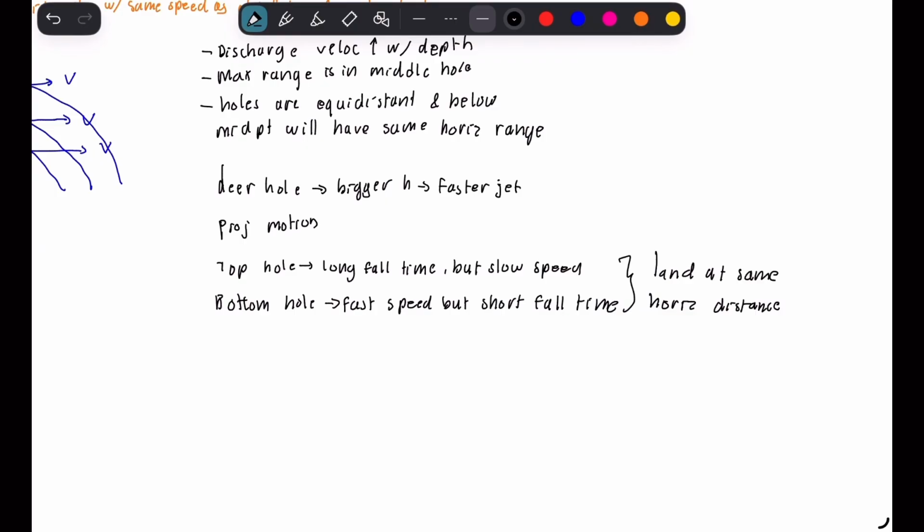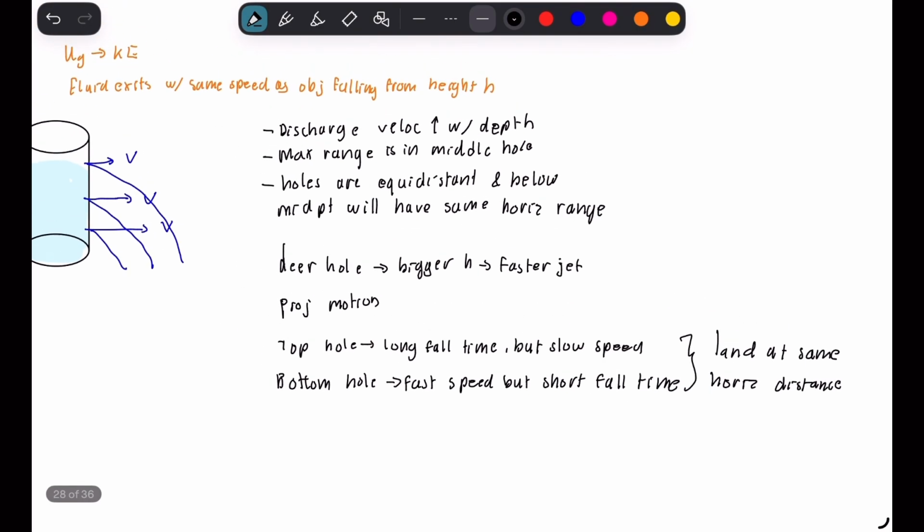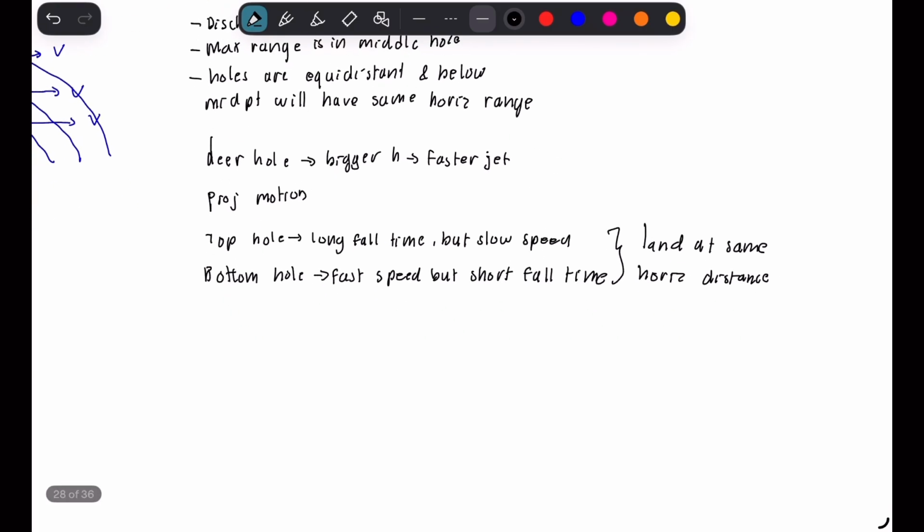Pressure doesn't matter here. It cancels out, so only your height matters. And H is the depth below the surface, again, that determines the speed. And the height above the ground is going to determine the time in the air.